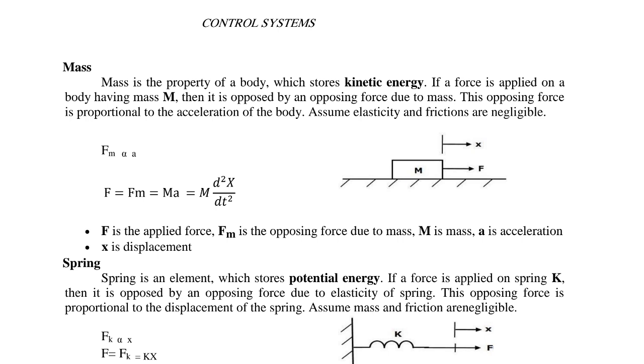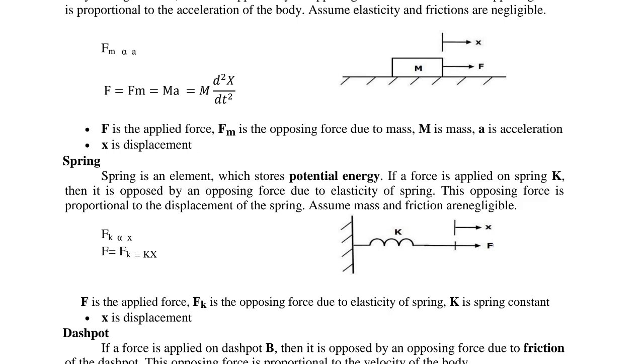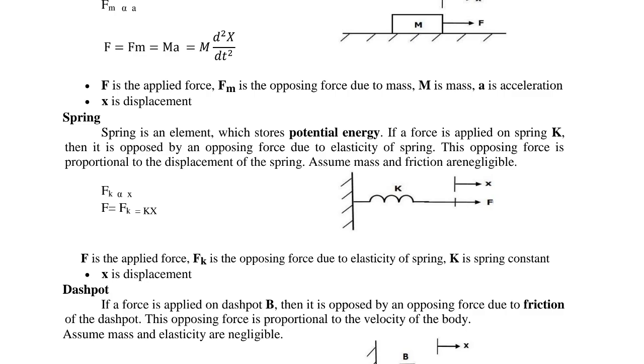Here x is the displacement, and the next thing is the spring. The spring is an element which stores potential energy. If a force is applied on the spring K, then it is opposed by an opposing force due to the elasticity of the spring. This opposing force is proportional to the displacement of the spring.